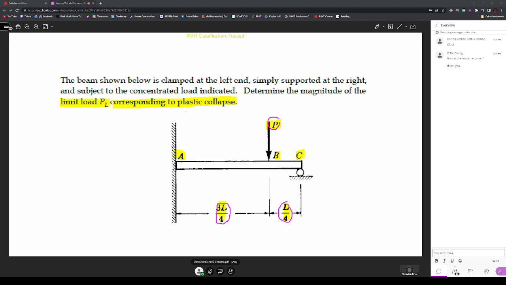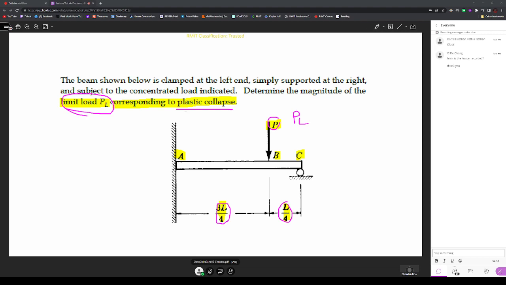So the beam is fixed at point A. Now you're asked to find the magnitude of the limit load corresponding to plastic collapse. That means if the load increases to the plastic load PL, we need to visualize where the plastic hinges develop.